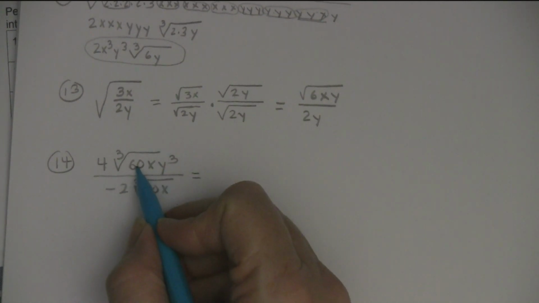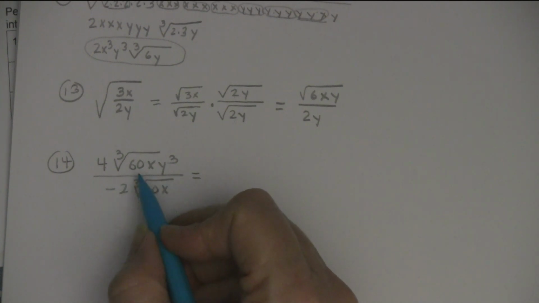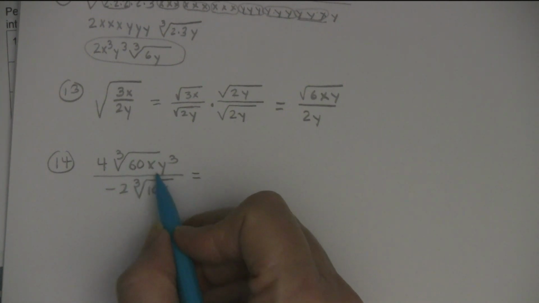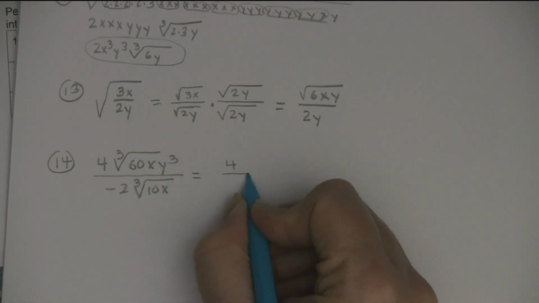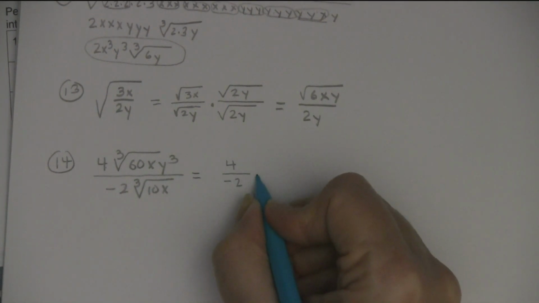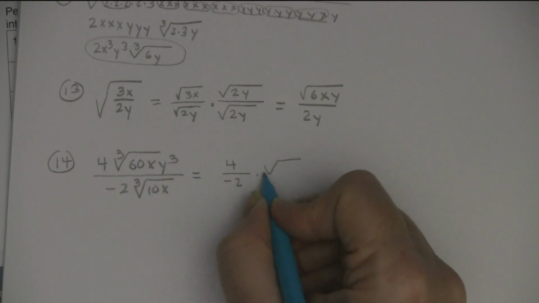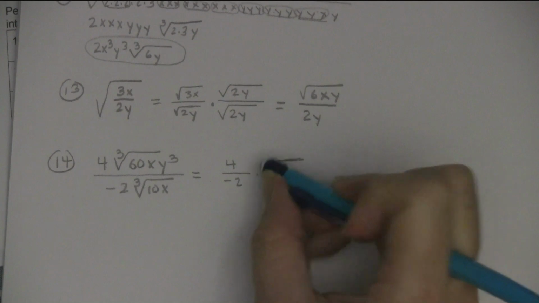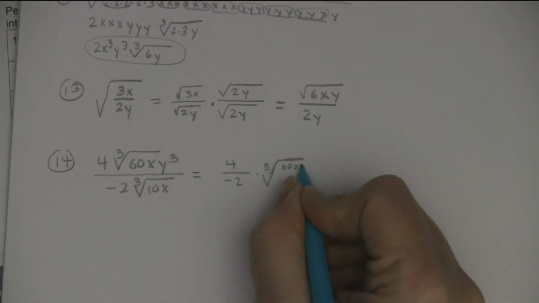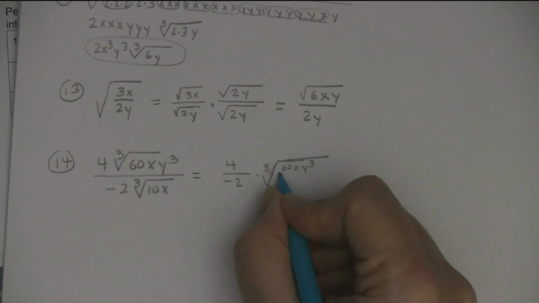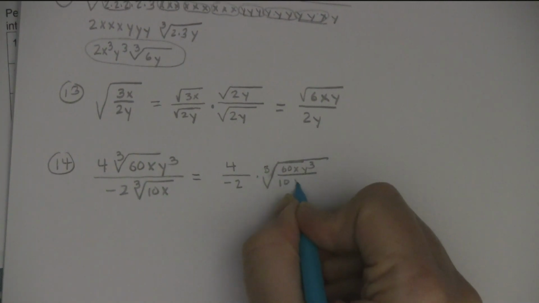And I noticed that, well, these are underneath a cube root, and the 6 and the 10 will reduce with one another, and the x will reduce with one another. So I'm actually not going to wait. I'm going to actually do that. So I wanted to make this one root like this. Cube root. And this is 60xy to the third over 10x.